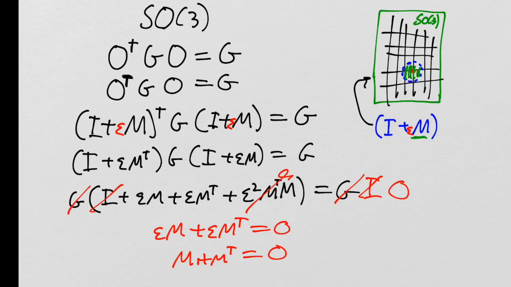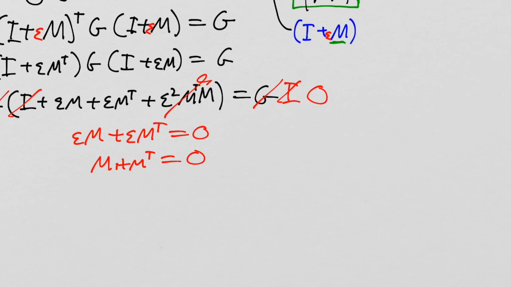So this m plus m transpose equals 0, that's the defining condition for this to be true for SO3: this infinitesimal matrix that you would add to get a member of this group near the identity has to satisfy this condition, which is not a very difficult condition to satisfy. In fact, you can write down a matrix right away that has the property.